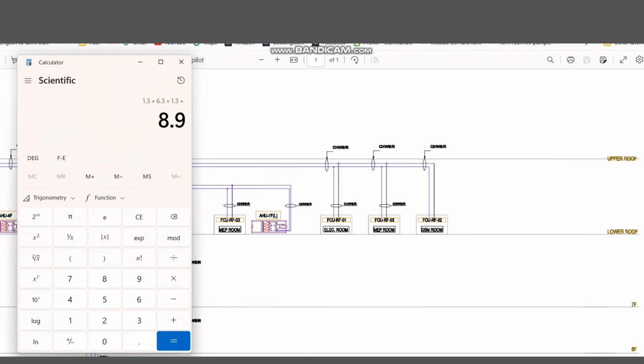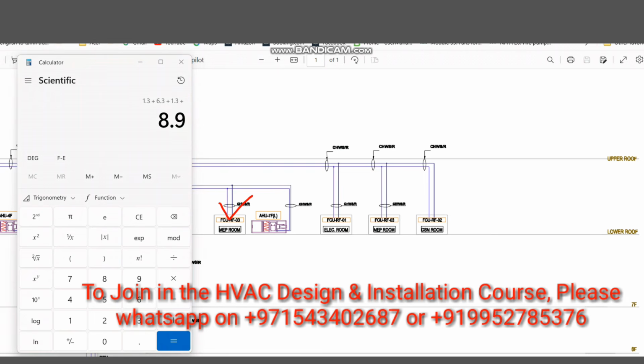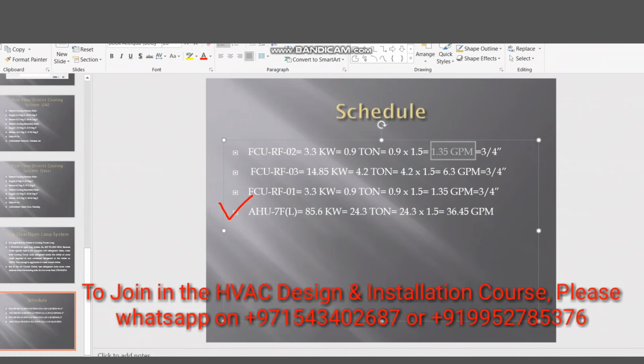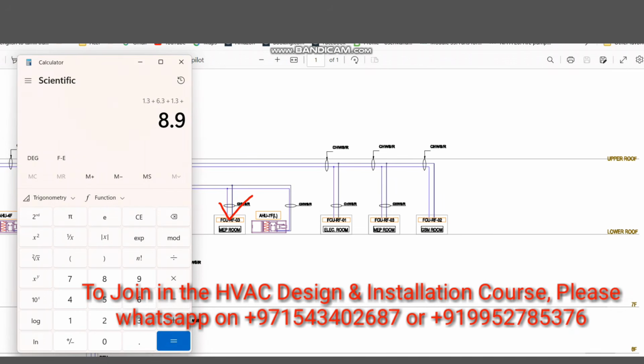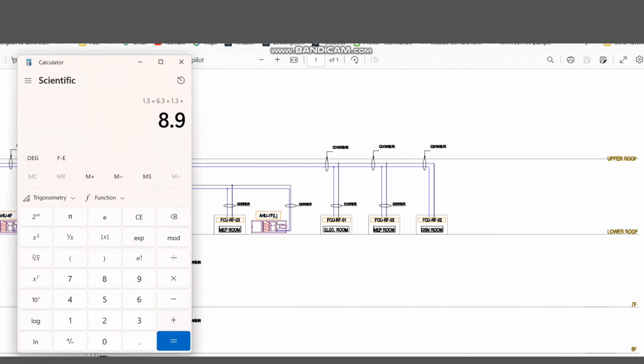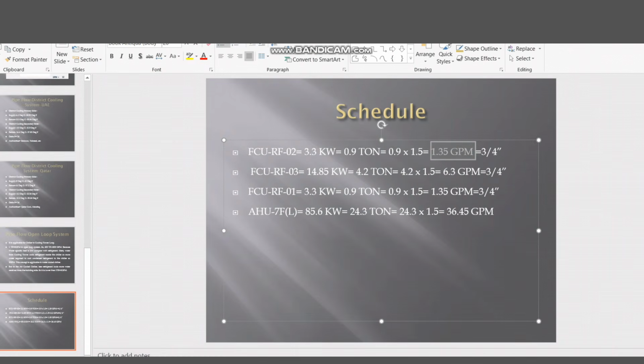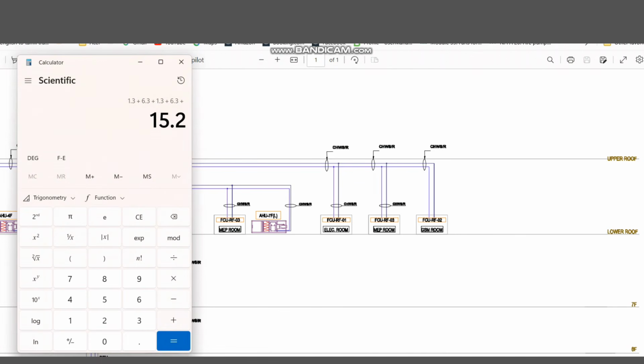Again we have one RF3 here, and RF3 is 6.3 GPM, so I will add that plus 6.3. Finally we have one AHU here. The AHU value, you know, is 36.45, so I will add 36.45. So finally it is 51.65 GPM at this point.